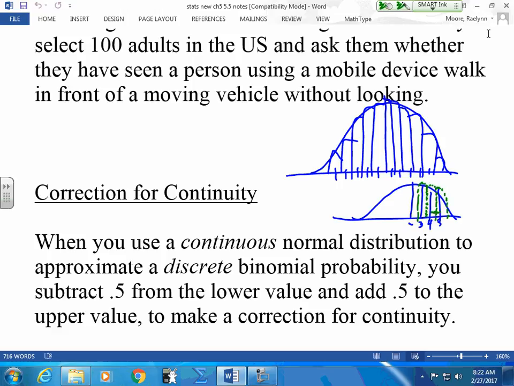And we kind of did it a little bit in chapter 4. We just took this number and we dropped it, 0.5, and on the other side we added 0.5. Remember when we changed the probability statements? We dropped the 0.5, we added 0.5. So we're going to do the same thing here. We have a correction for continuity.